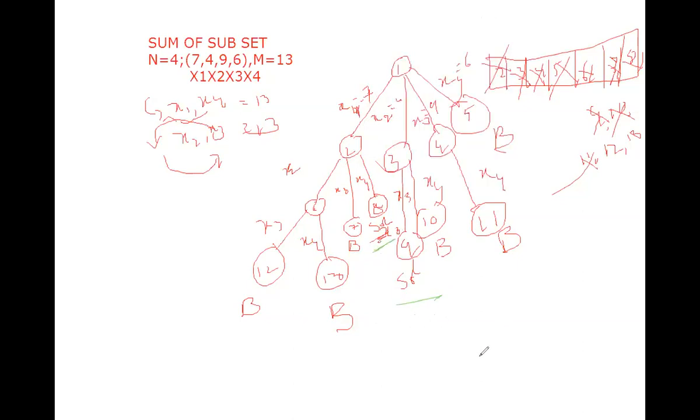That is, the solution is x1, x4 and x2, x3. So these are the solutions when we are using first in first out with a queue. Okay, clear students? Or any doubt?